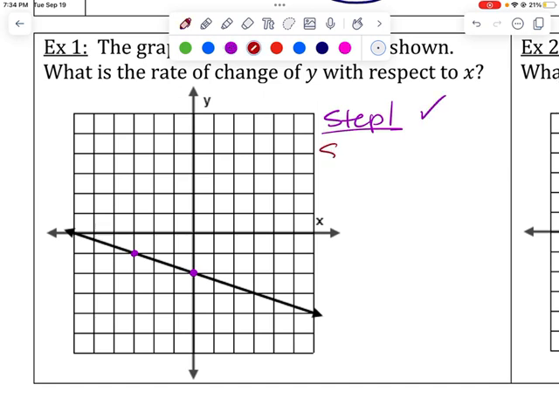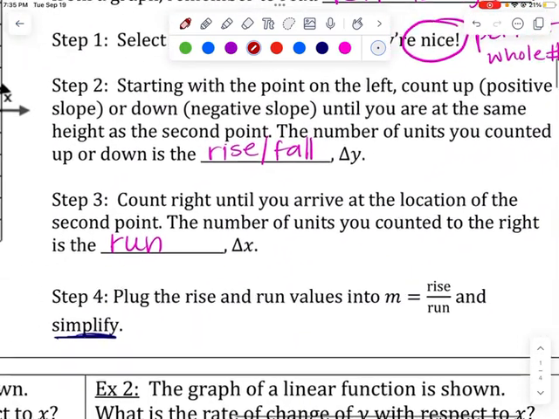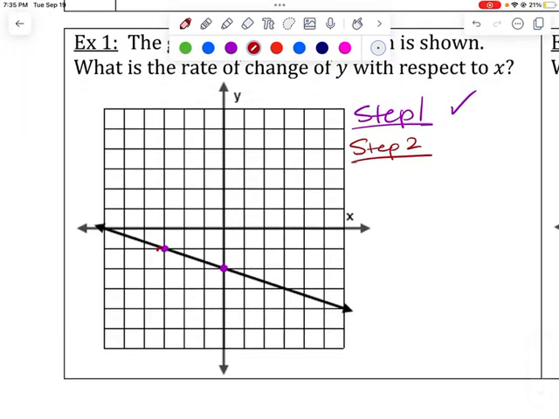Now I'm going to do step 2, which is, let's see, point on the left, count up or down. Okay, I see this one's going down. So I'm going to go down 1, and then it looks like I'm right there. So -1. Okay, -1.